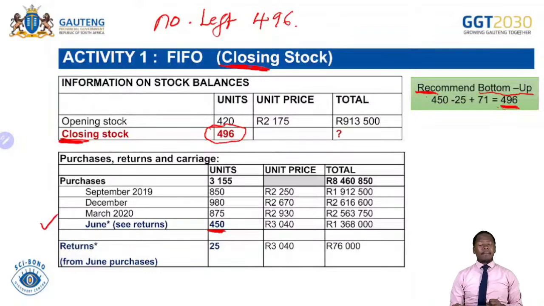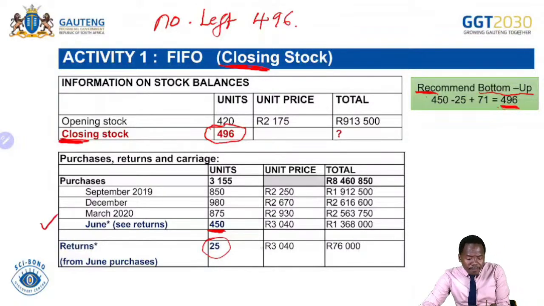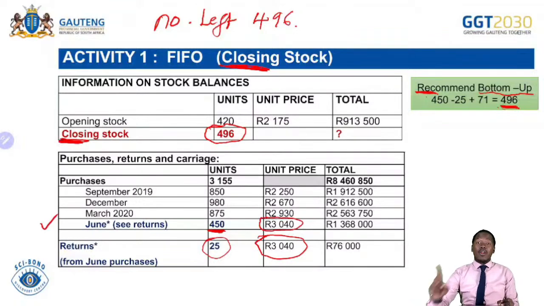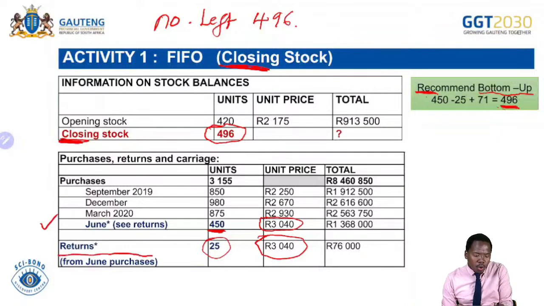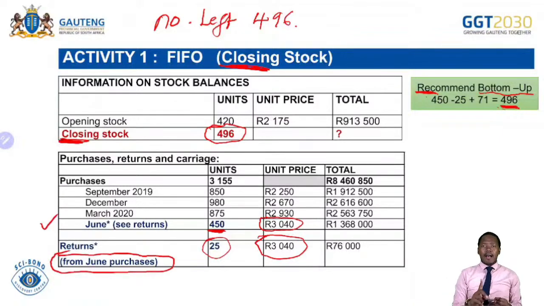Now, 450, but there's a slight problem with 450. 450 is what I've bought in June, yes. But out of that, there was something I returned. I returned 25. How did I know, grade 12, that 25 should be subtracted from the 450? I know because the 25 shares the same unit price as the June, and also because I am told that these returns come from the June purchases.